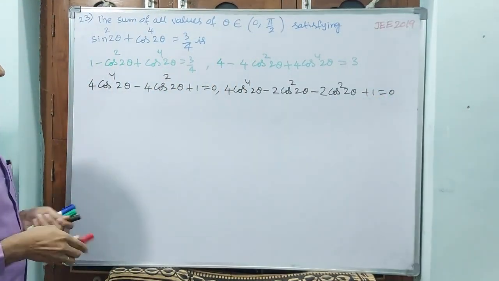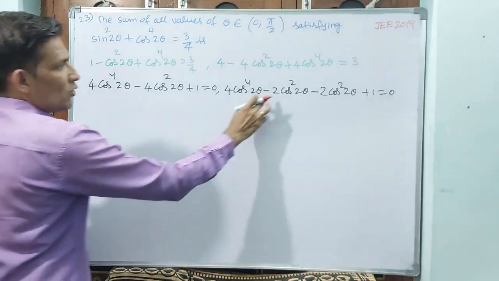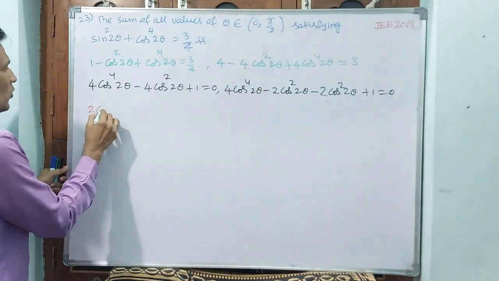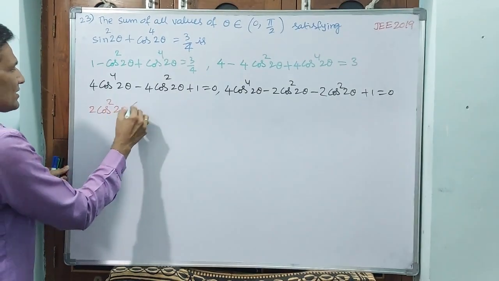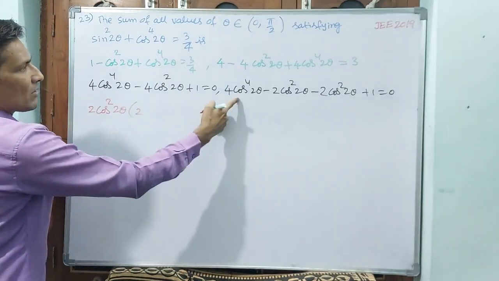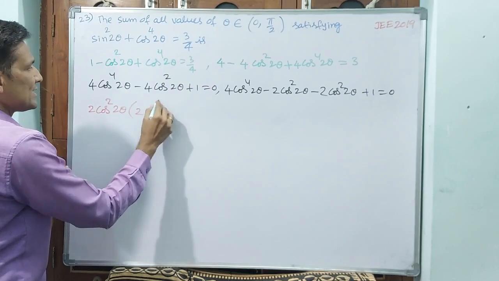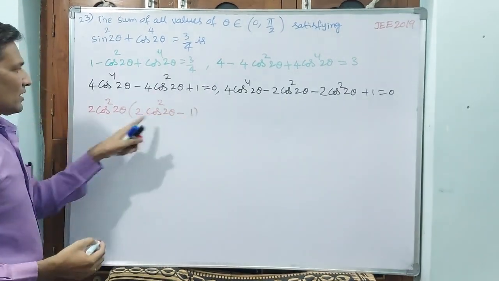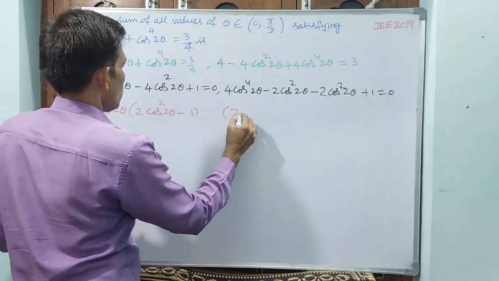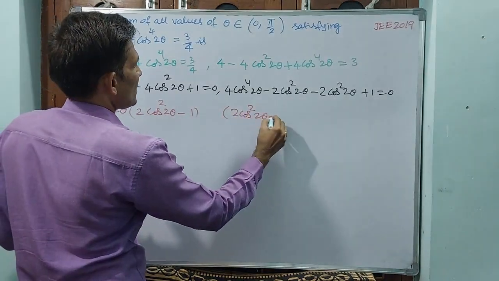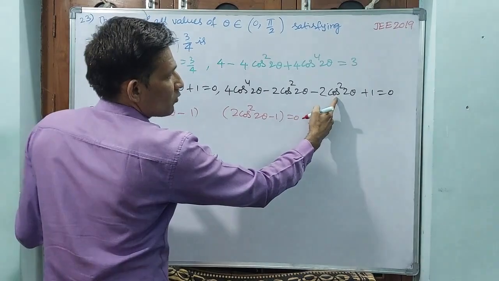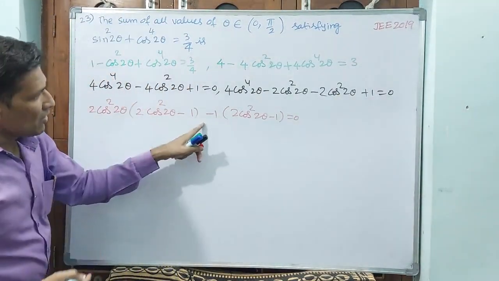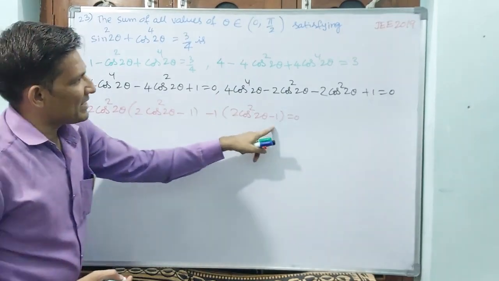Is it okay? Yeah. Now you see 2 cos square 2 theta is common. Then 2 cos square 2 theta will be there, minus 1 will be there. Same thing we have to take here also: 2 cos square 2 theta minus 1 equal to 0. But minus is there, plus is there. That means see, minus 1 if I keep, minus 2 cos square 2 theta plus 1.